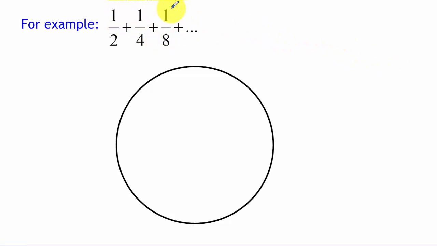So we have a geometric series here where each term in the series is multiplied by 1/2. Based on what we had on the last slide, this series, if we keep adding, would be a finite amount. So let's put the first term, let me split this circle in half.